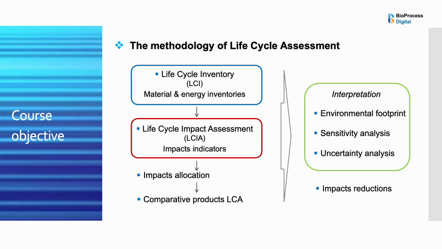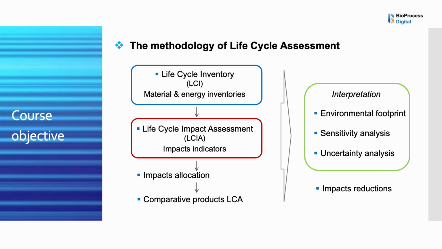This course provides a comprehensive overview of the standard methodology of life cycle assessment for evaluating the environmental impacts of products or processes. You will begin by learning the core methodologies of life cycle inventory, LCI, which includes compiling material and energy inventories, and life cycle impact assessment, LCIA, for evaluating impact indicators.